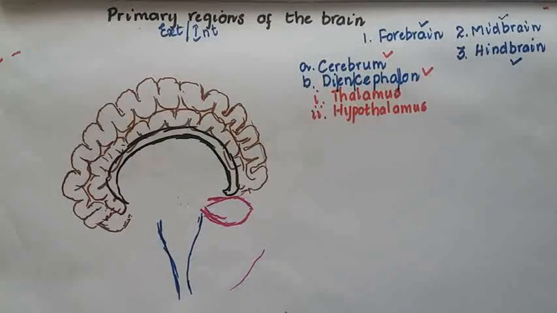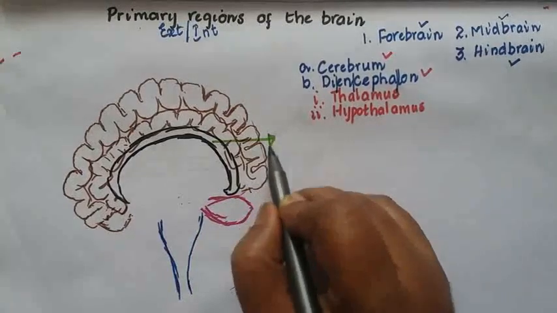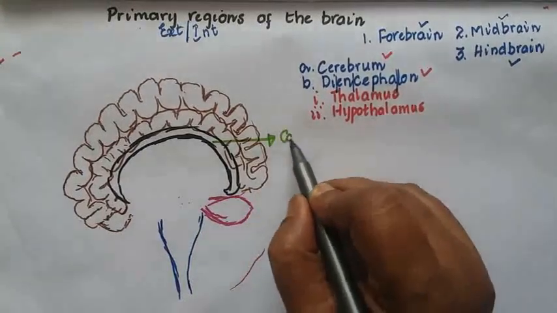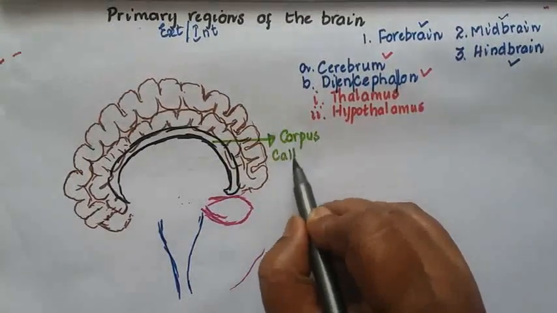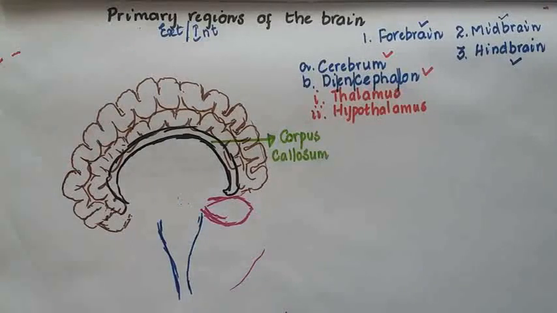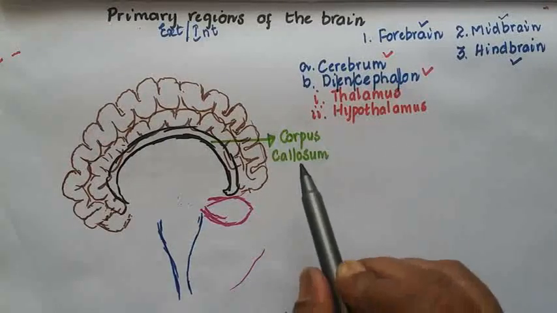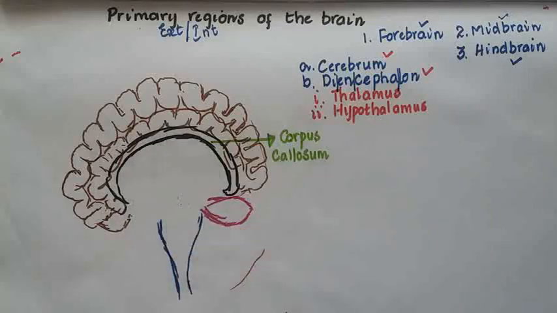So where do we have this thalamus? Children, if you observe carefully, this is the corpus callosum. We know that the cerebral hemispheres are connected to each other by a sheet of nerve fibers known as the corpus callosum.